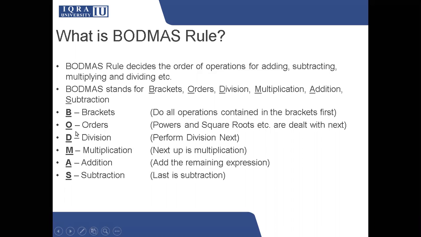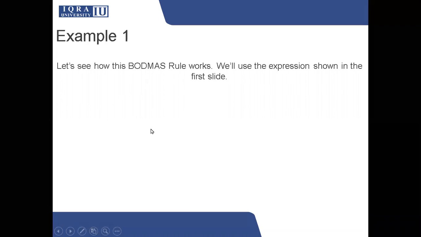So BODMAS, BODMAS, this is the rule, and it's a useful acronym that helps us in remembering what we are supposed to do first, right? So let's take an example. We'll learn how the BODMAS rule works with a useful example. I'll be using the same expression that I used in the original slide, right? So this was what the expression was.